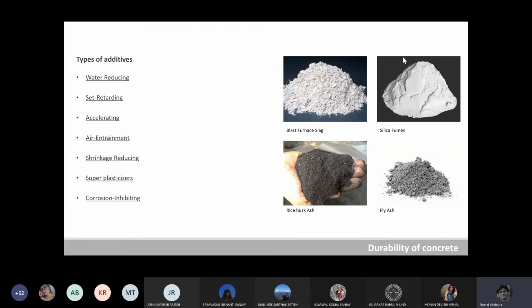And these additives and all, that's regular stuff. It has to be known to every one of us when it is happening on site, because of what they are adding, how it is going to get transported, how it is going to get cured, or what kind of aggregates are getting used. Visually we should be able to see if it is good or bad, and whether it should be used or not.